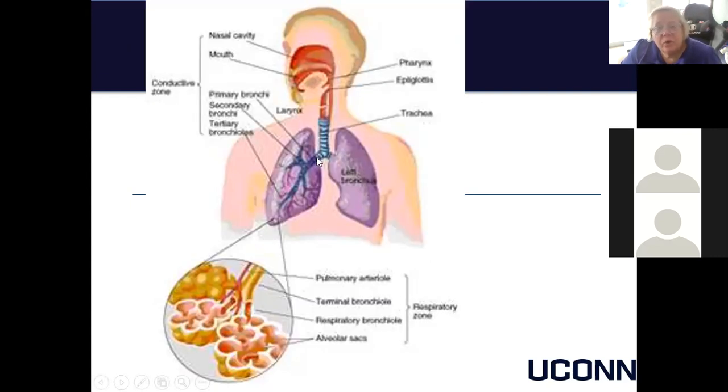And then again, as you go all the way down, you have your alveoli where that gas transfer is supposed to take place. The oxygen is supposed to diffuse into the bloodstream, while the blood is supposed to release the carbon dioxide. And we know the two big processes of the respiratory system.